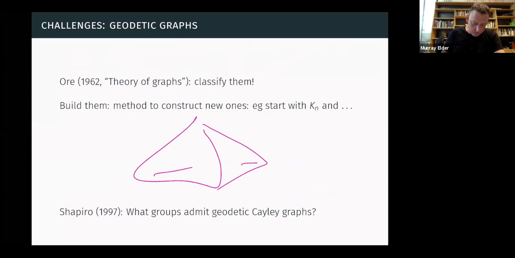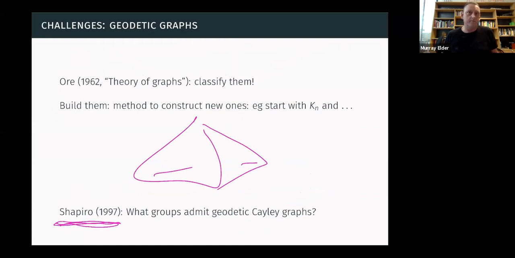So that's graph theory, but in '97, Mike Shapiro asked this question: what groups admit geodetic Cayley graphs? We normally think of a Cayley graph as directed, so let's just consider the undirected version.